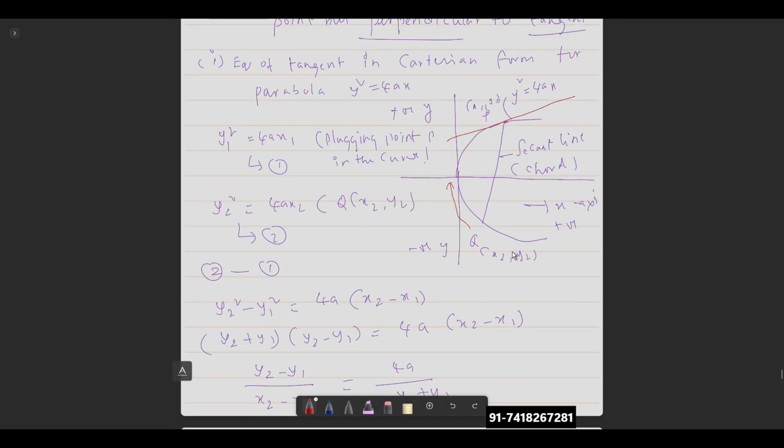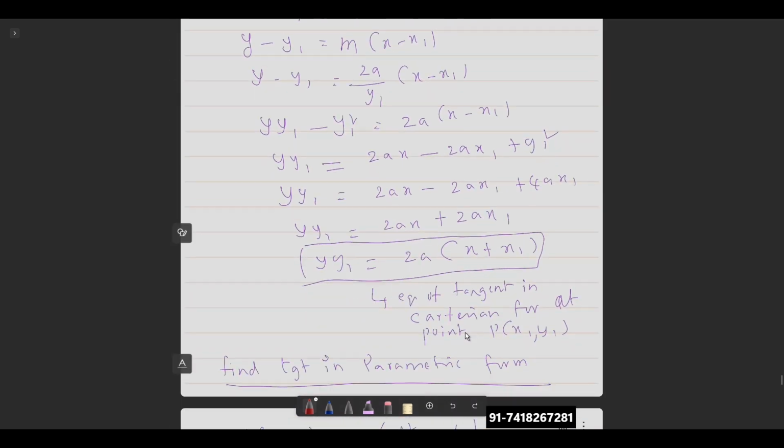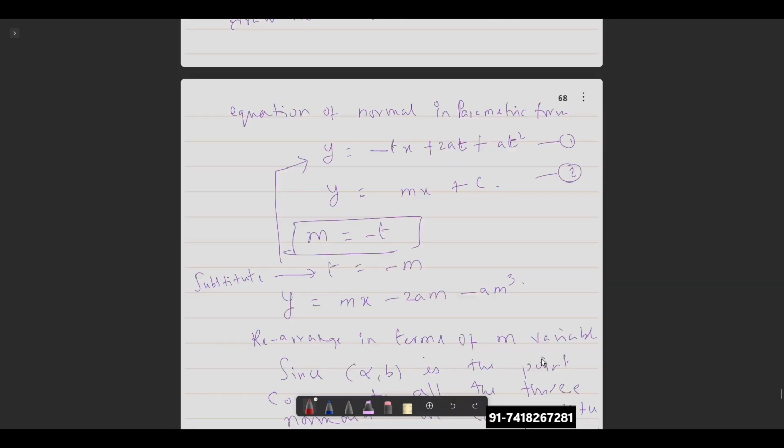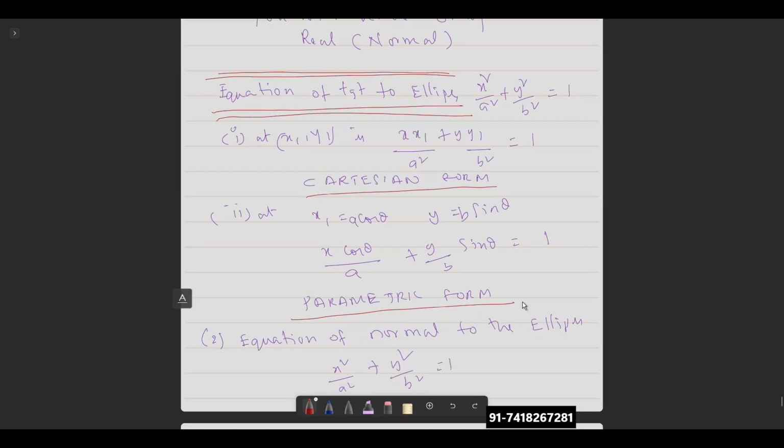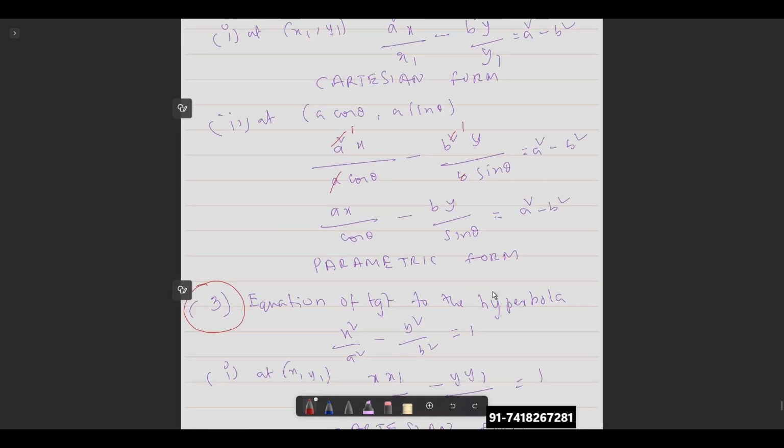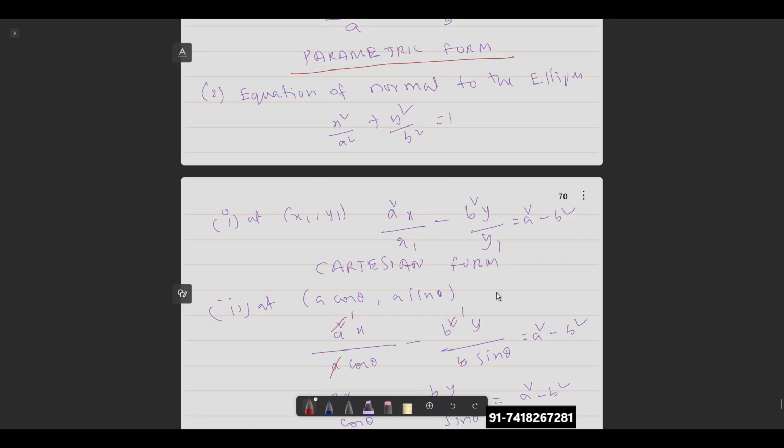This is the same procedure you need to adapt, so that you get the slope of the secant line, and then by making Q approach P, you get the slope of the tangent. With the tangent, if you have the point and slope, you can find the straight line equation with the point-slope form.